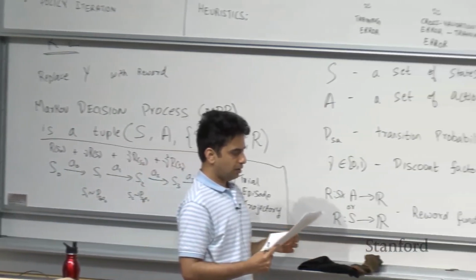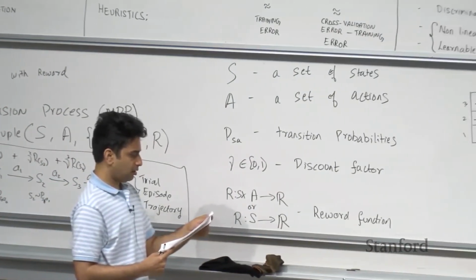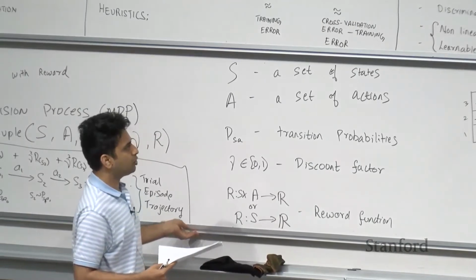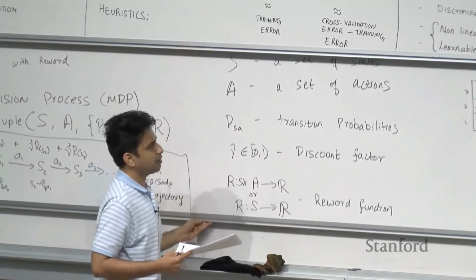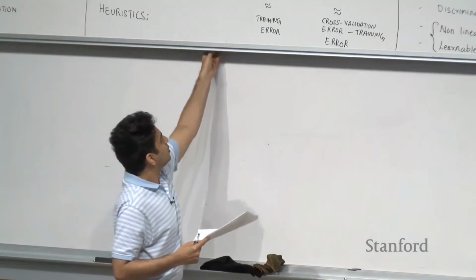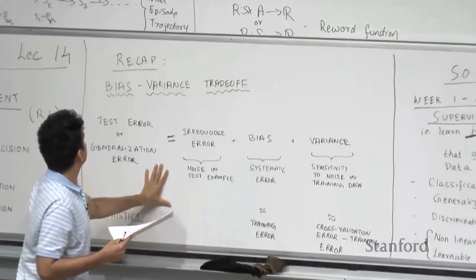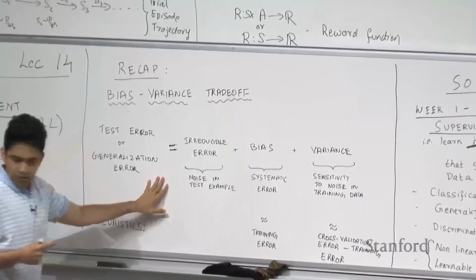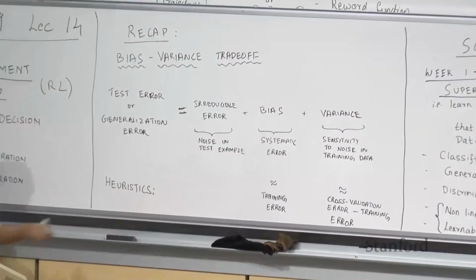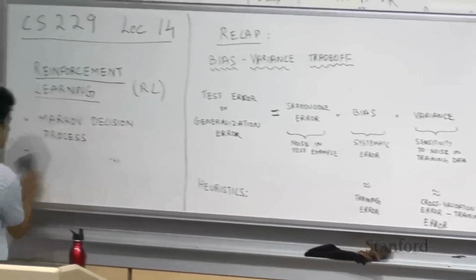So now, given this setting, we can define two central concepts, right? And these two concepts are going to stay with us for the rest of reinforcement learning.